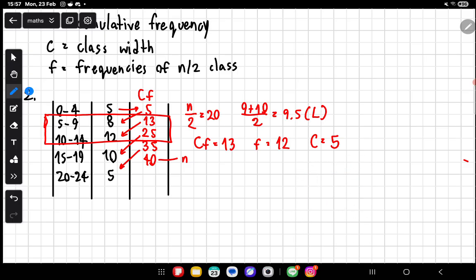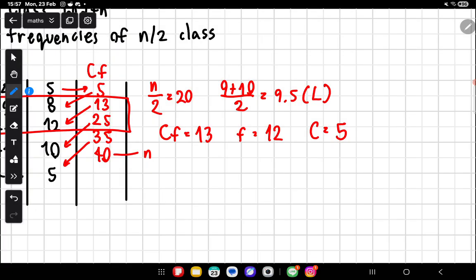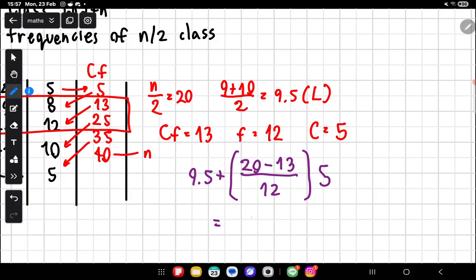Now from here, we can do the final calculation. So the final calculation, 9.5 plus 20 minus 13 over 12 times 5. 9.5 plus 7 over 12 times 5.